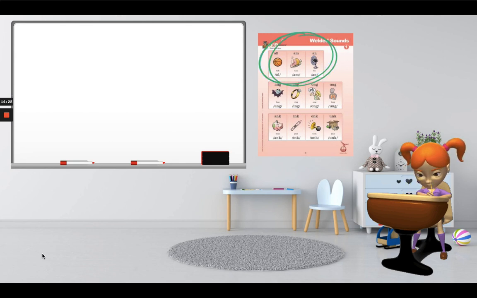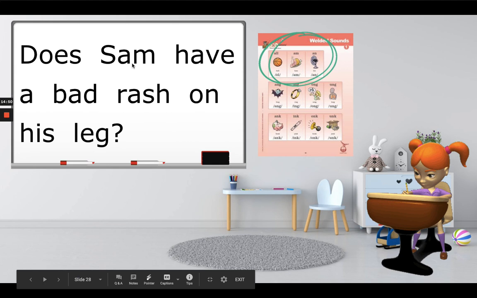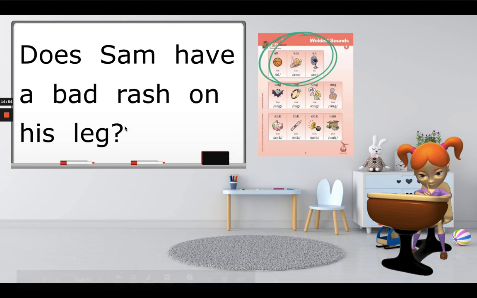Here it goes. Does Sam have a bad rash on his leg? Awesome. Here's my sentence. Does Sam have a bad rash on his leg?